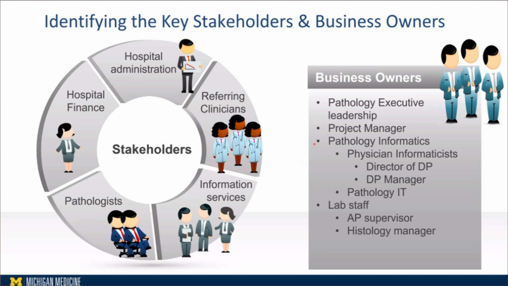Also the pathology informatics, if you already have a department of informatics within pathology, divided into the pathology IT team and staff, as well as the director of digital pathology and the DP manager. And don't forget to include the lab staff. This is extremely important if you need to enhance the quality of the slide or the preparation, etc. So the AP supervisor and histology manager.